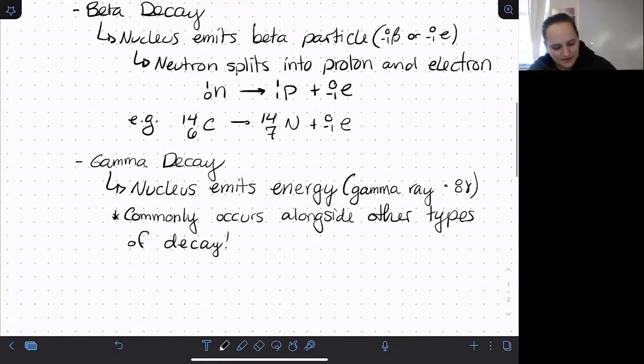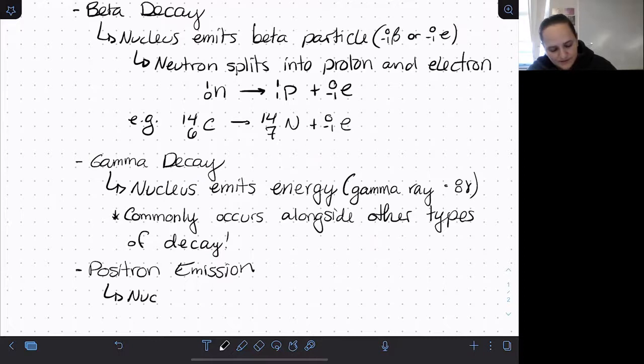The fourth type is positron emission. So this is when the nucleus emits a positron, as you would expect from the name.